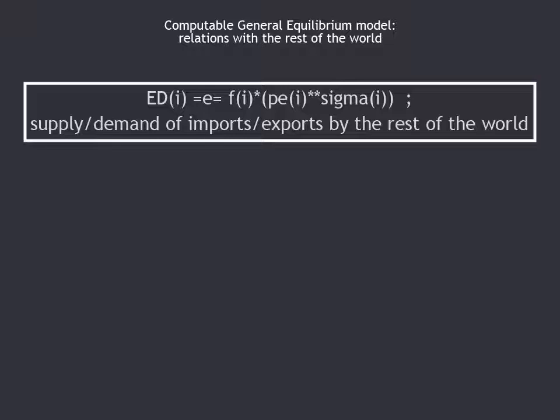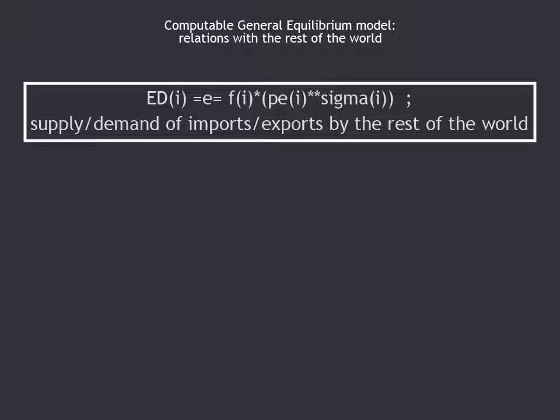So in fact, this is an equation which determines the world price in sector i. I'm trying to explain this point. Either we've got supply or demand of imports or exports by the rest of the world. If ED is positive in sector i, we've got imports in sector i. So this equation means that the rest of the world is ready to supply the quantity ED at price PE in sector i.